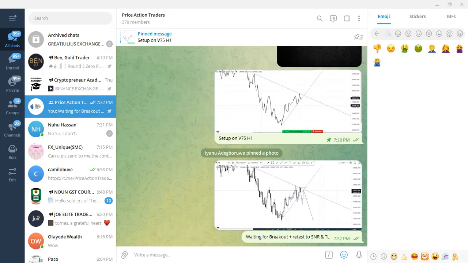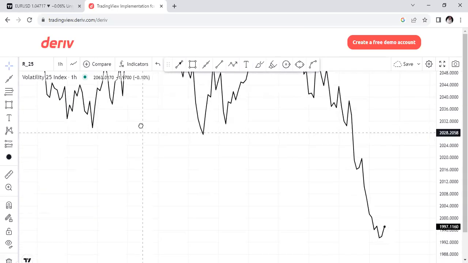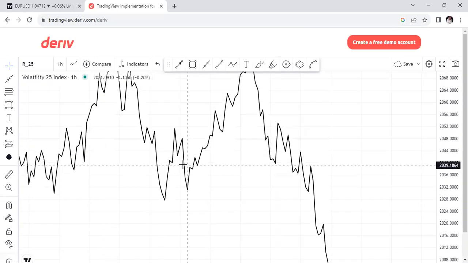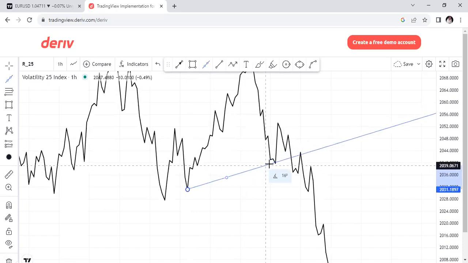Then what else I want to show you is this. This place will have an engulfing, so you can sell on an engulfing. Then we got about this too.